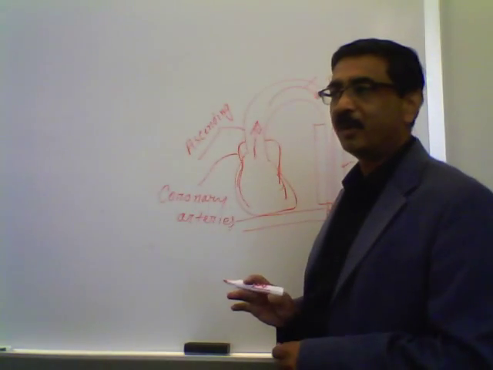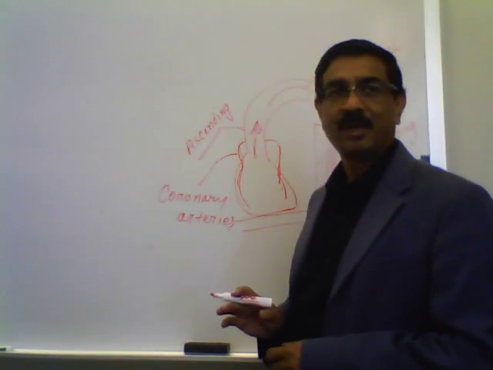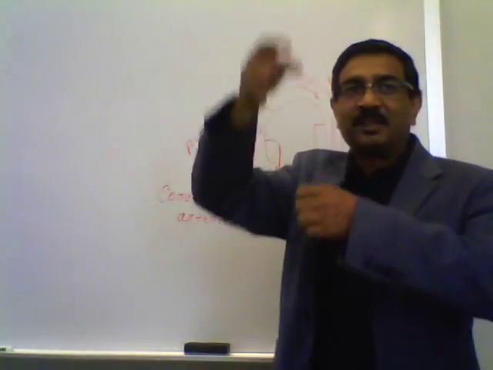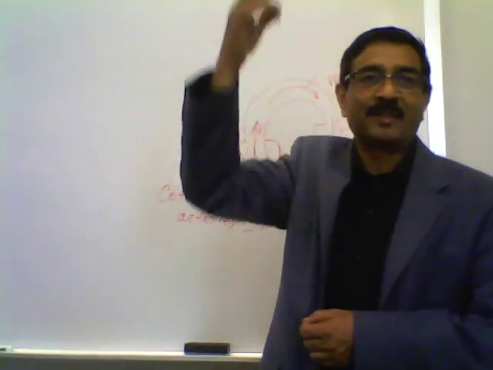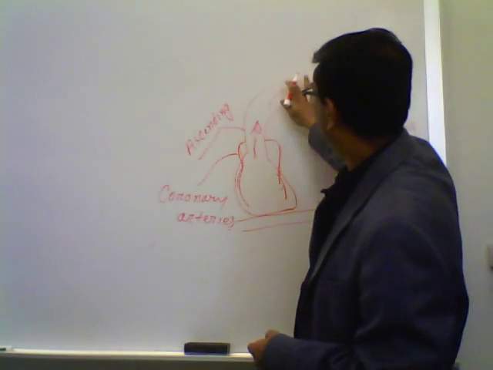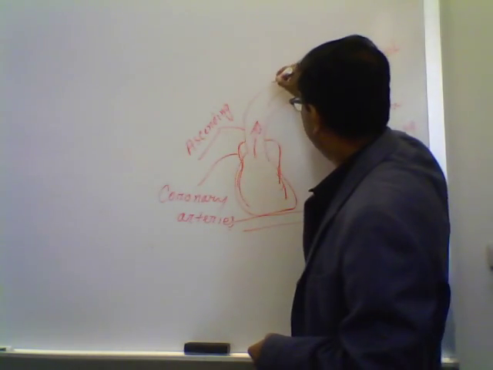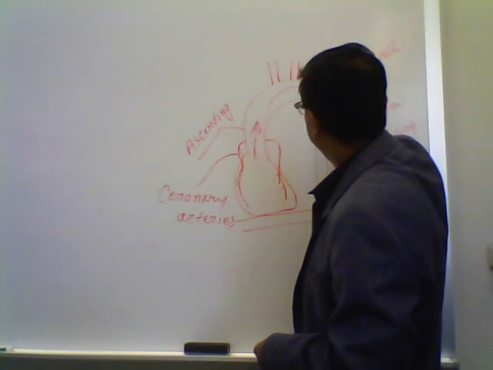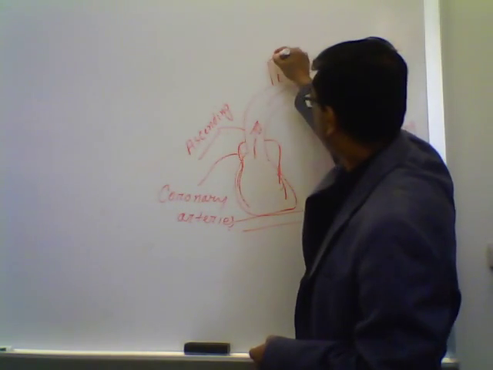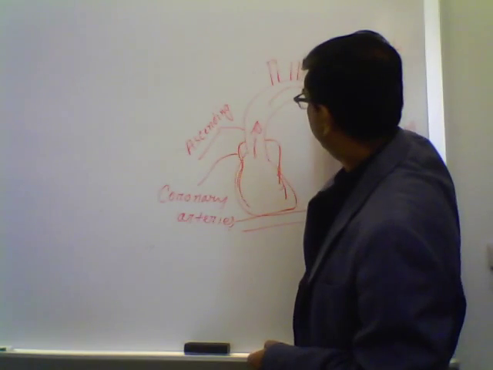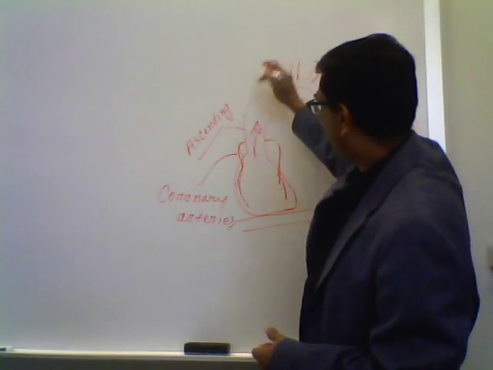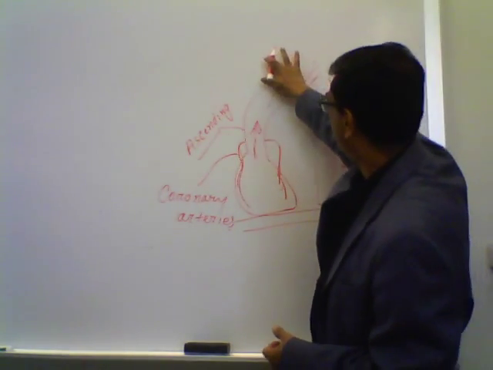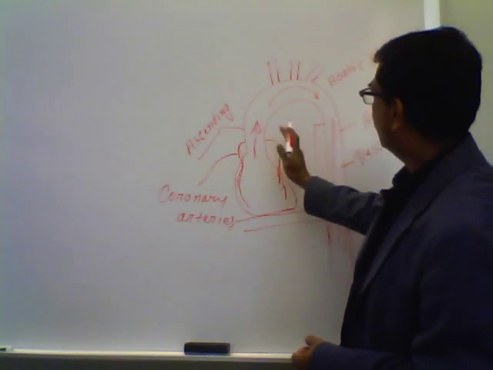Then let's see the aortic arch. You saw the heart model, right? Did you see the heart model? From the aortic arch, how many arteries arise? Three. Good. Like this, right? 1, 2, 3. This is right side, this is left side. Actually this is the heart, so it should be opposite. Let's do this. This is right, this is left.